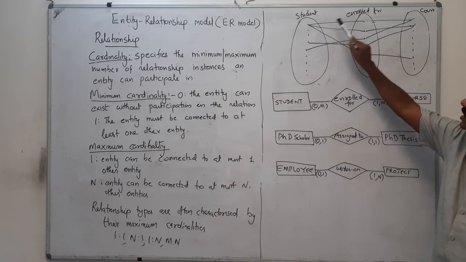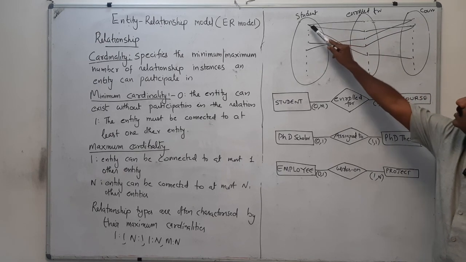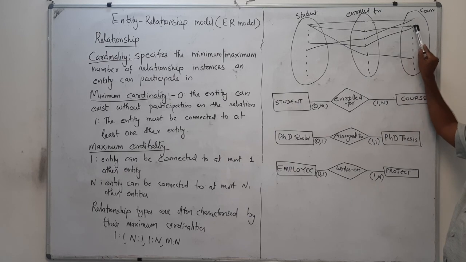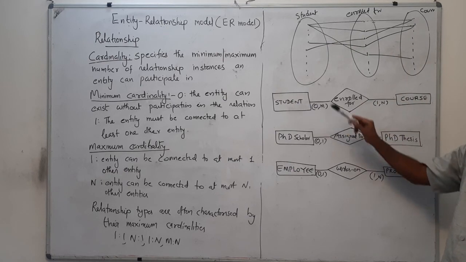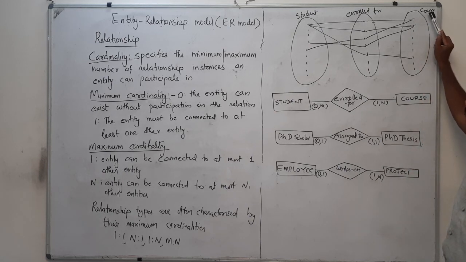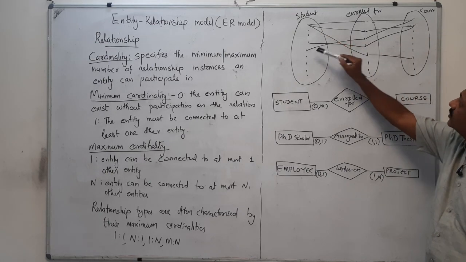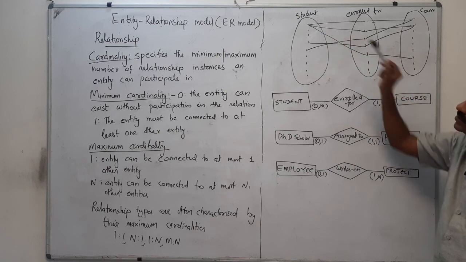That means here this is the student, enrolled for, and this is the course. A student is enrolled for a course, he is enrolled for another course and another course. That means a student can enroll for multiple courses, and this course is attended by this student and this student, and another course is attended by this student and this student.